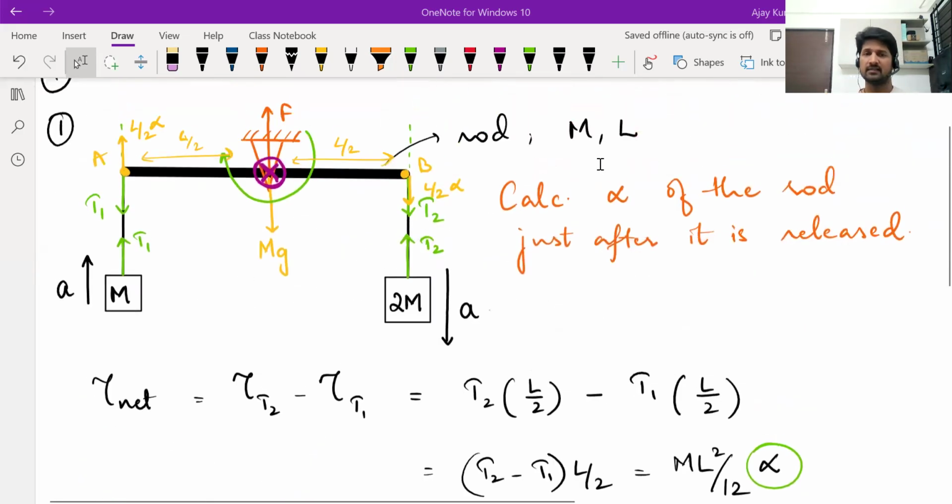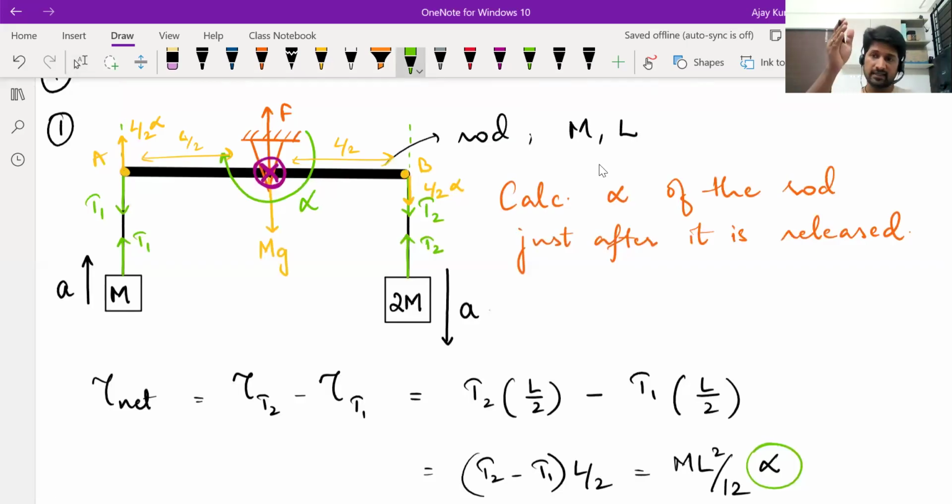Linear acceleration A of the block will be connected to angular acceleration alpha of the rod. And how are A and alpha connected? A is equal to R alpha, because the acceleration of the block at this moment is nothing but the acceleration of the ends of the rod. And the ends of the rod are about to execute circular motion. They'll have tangential acceleration R alpha.